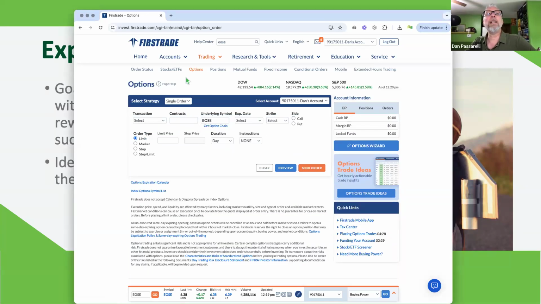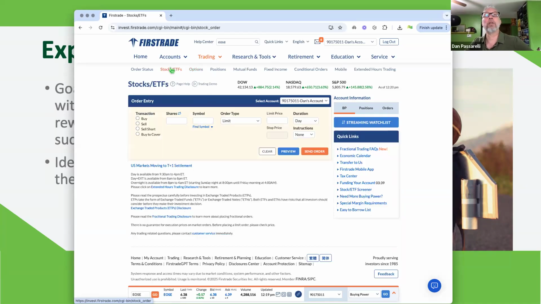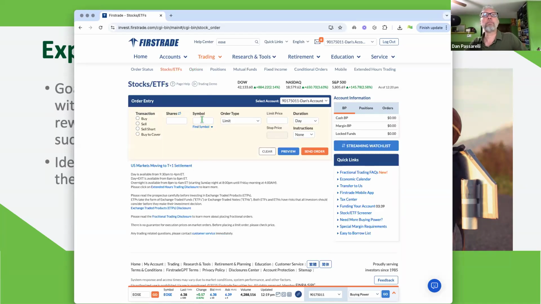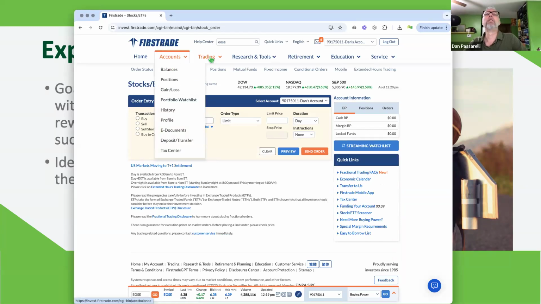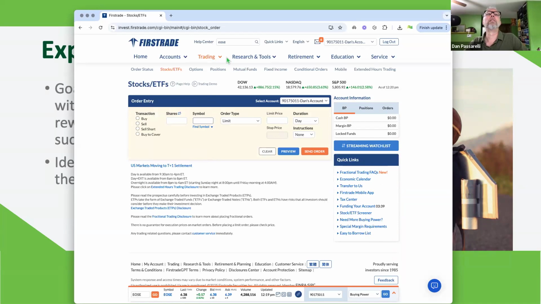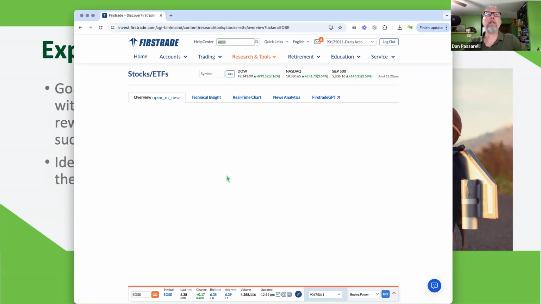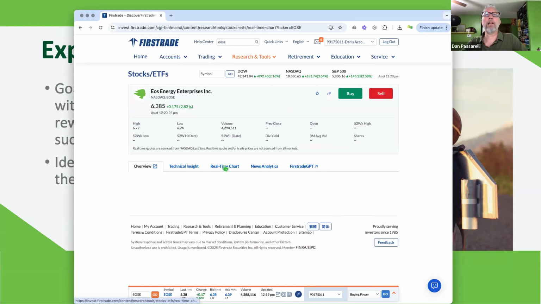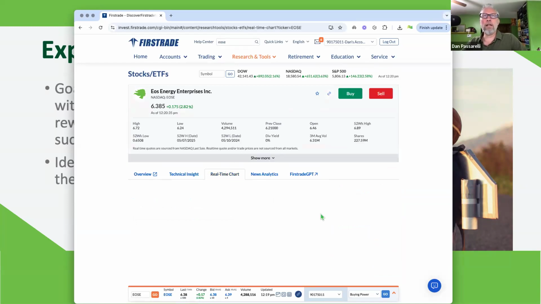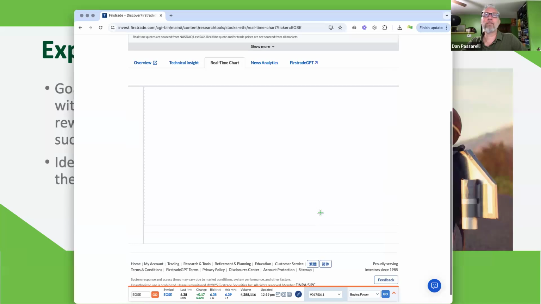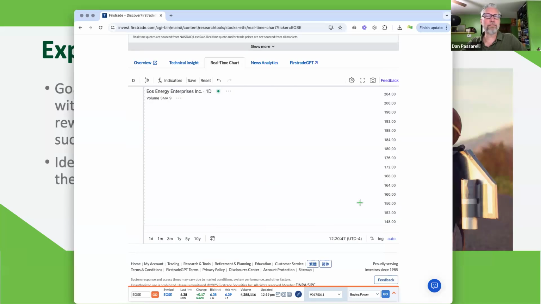But what I need to see next is I need to see a chart. Not order entry. EOS. Real-time chart. Jay, when you click the wrong darn button.